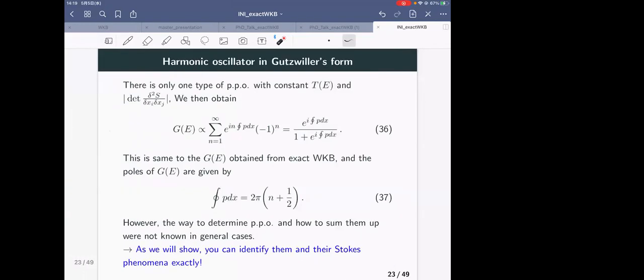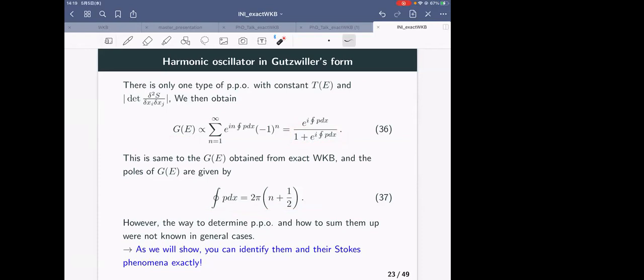And by definition, this G is a trace of the resolvent. Therefore, the pole of G is the same as the spectrum of the system. And therefore, the pole of this function is given by this equation. This is nothing but Bohr-Sommerfeld quantization.